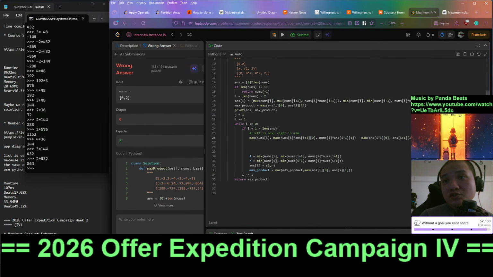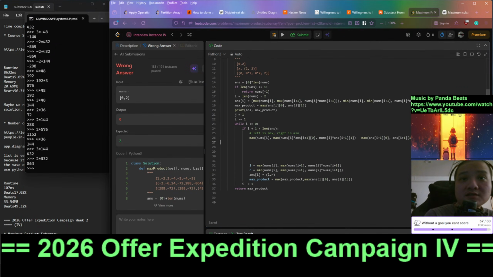So let's just put it all in an array, and basically L equals max, that's it, right? Right, so the nums I, or nums I multiplied by whatever the maximum, right? 0, or 1, right?